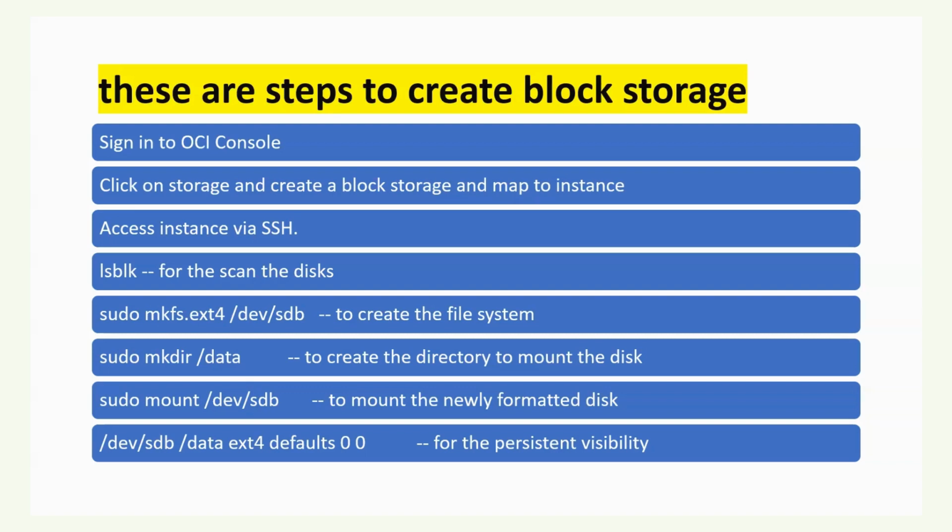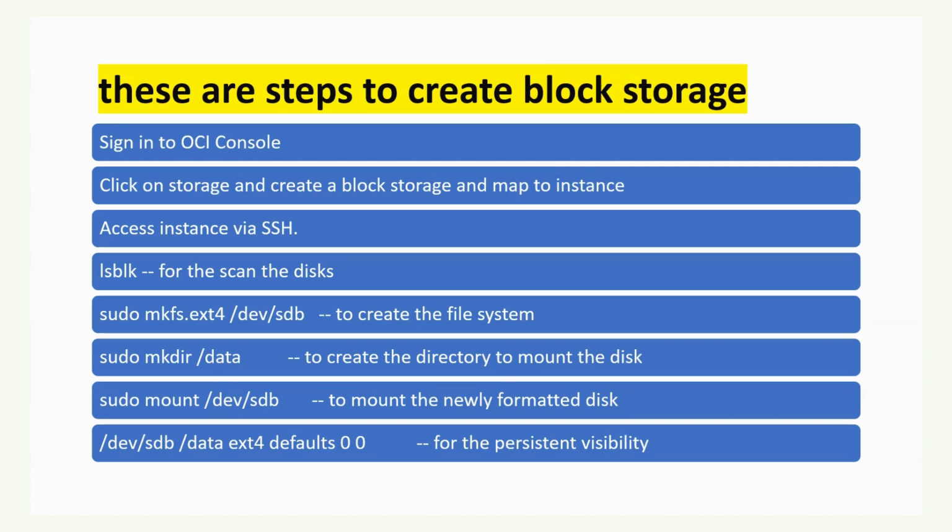Once you have connected with SSH, you have to list the block storage, run the command lsblk to scan the disk, and then create a file system. After file system creation, create a directory to mount it, and once you mount it, you have to make it persistent. So these are the high-level steps.